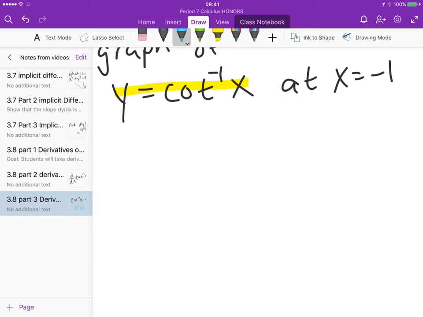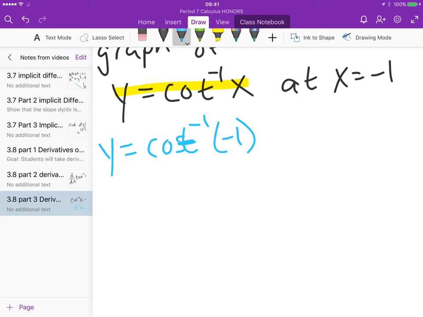If x equals -1, that means there is a specific y value for the function at x equals -1. Let's get that out of the way, and let's find what y equals when x equals -1. So this means that y is going to be whatever cotangent inverse of -1 is.